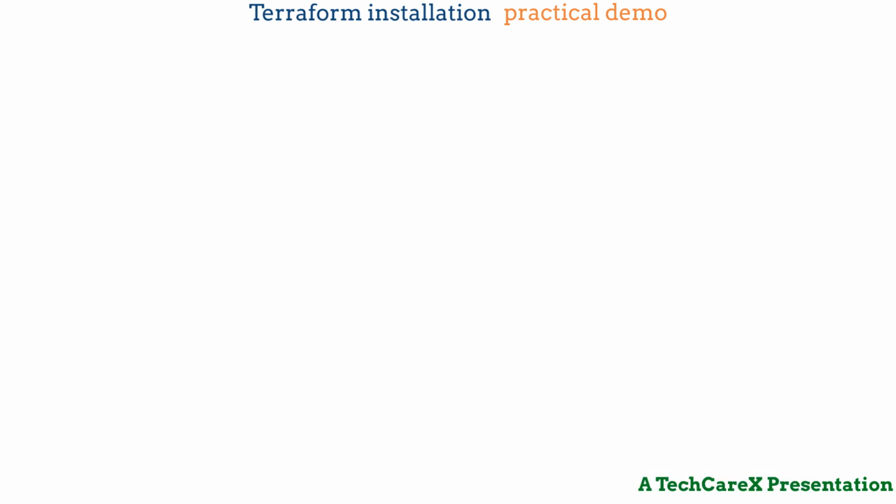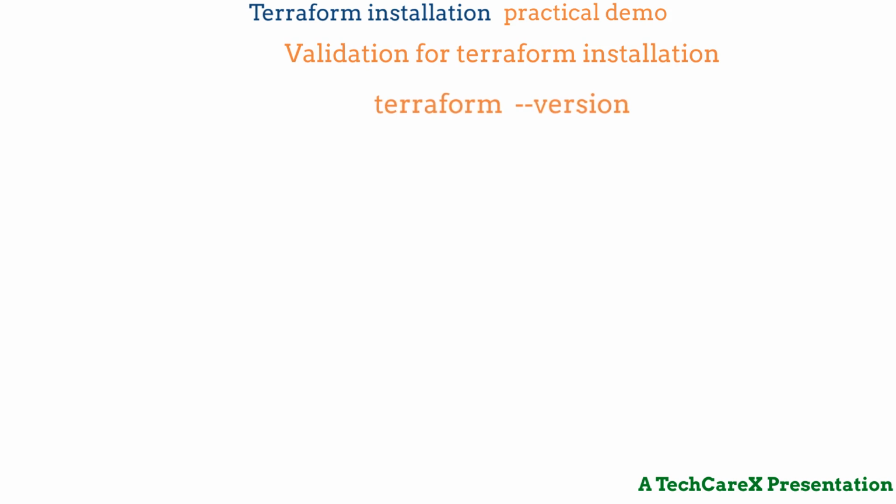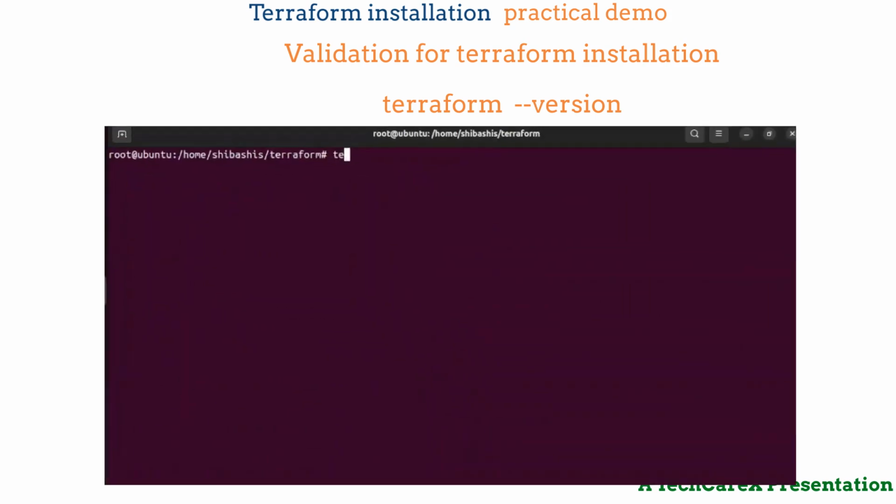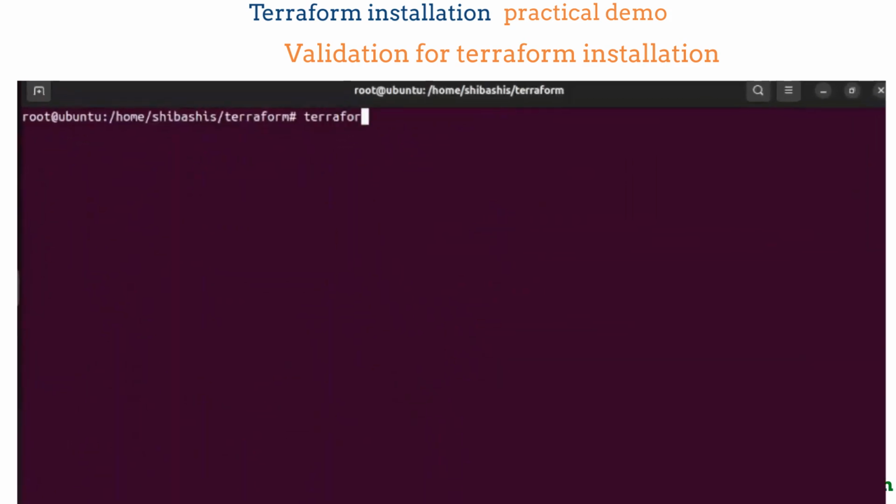Once completed, we will move to the validation phase, which is nothing but running only the command terraform version. It will return the installed Terraform version, which you are currently viewing in the demo display, which proves that your Terraform installation is successful.